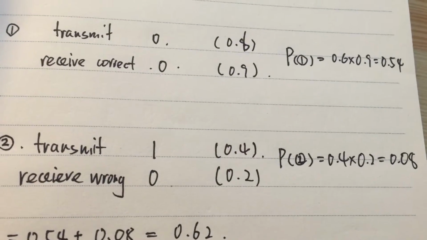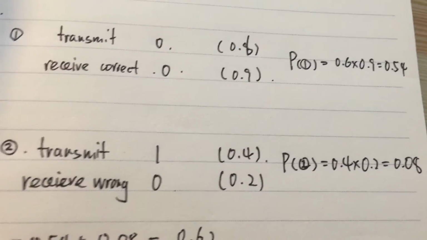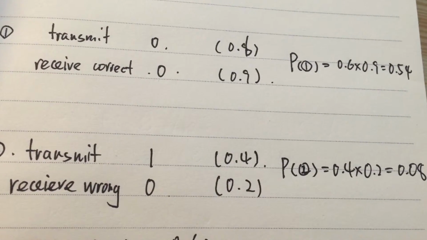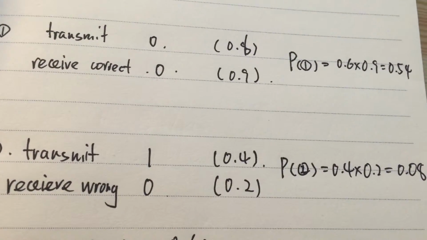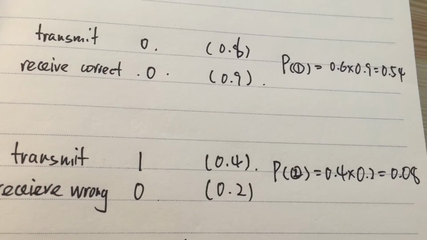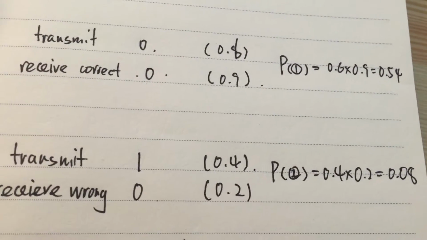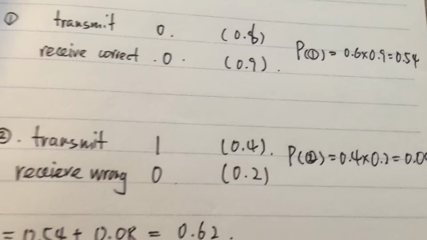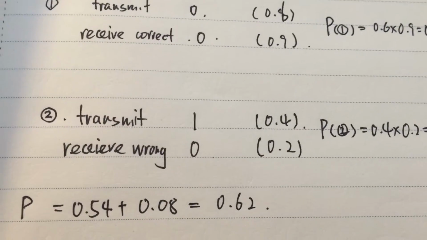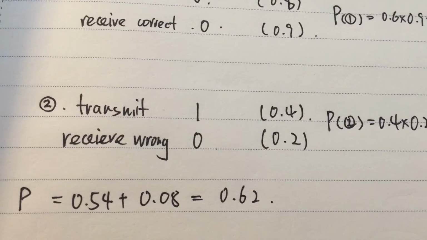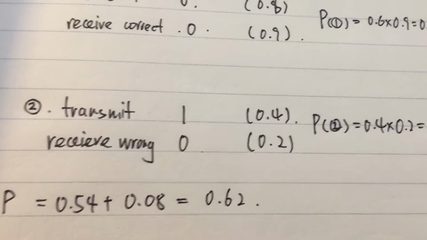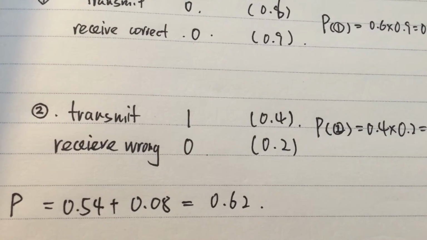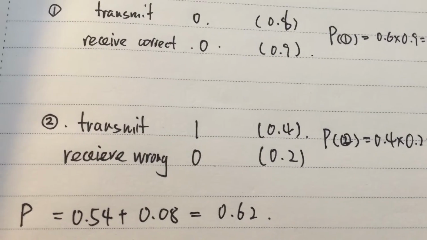In the second way, the probability that we want to transmit 1 is 0.4, and the probability that we receive wrong is 0.2. So the probability of way 2 is 0.08, and the whole probability for us to receive the data 0 is the sum of the two probabilities, so it is 0.62.